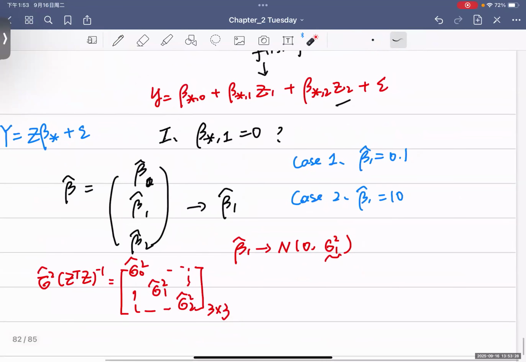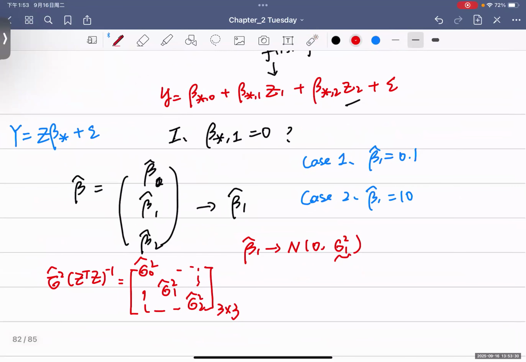Maybe I use a hat. Suppose in case 1, our sigma 1 is a pretty small value. In my second question, case 2, our sigma 1 is equal to 10.